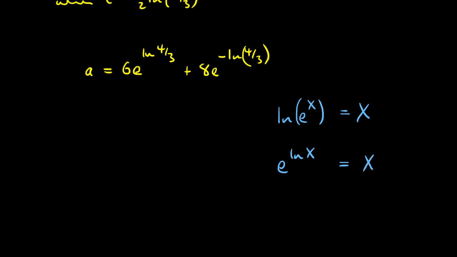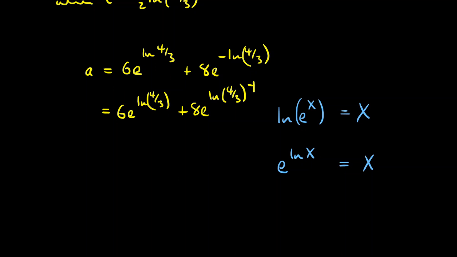So I'm going to rewrite that as 6e to the ln 4 upon 3 plus 8e to the ln 4 upon 3 to the power of -1, right? What I've done there is I've used the log rule, and I've brought that coefficient up as a power.